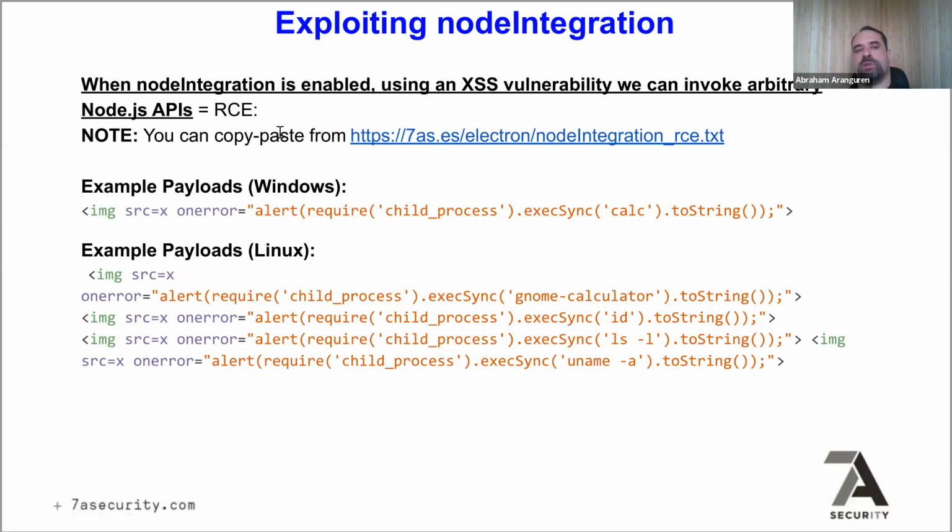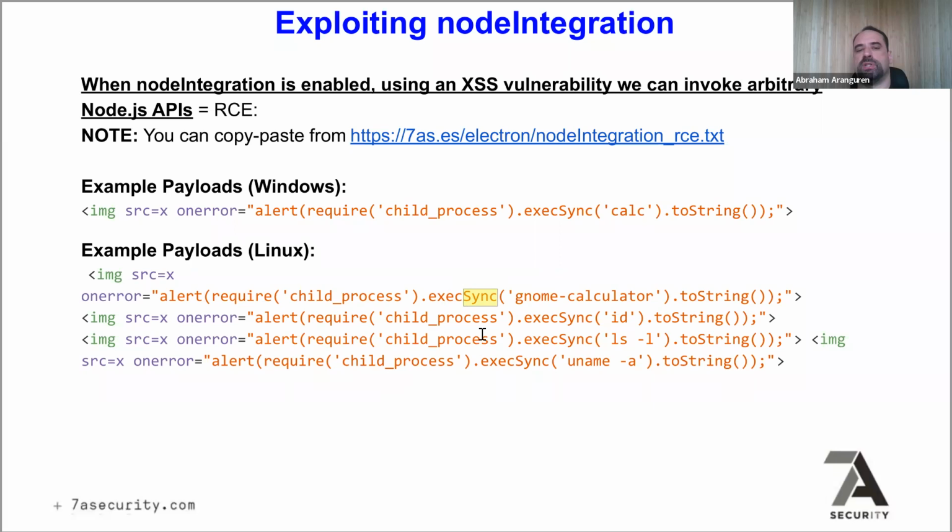Since node integration is enabled, when node integration is enabled, any XSS becomes immediate code execution, because you can do this, right? You can do require child_process and then execSync of any command you want. Now, another tip for you here is that you want to use the synchronous functions, because in Node.js and JavaScript, developers like to do things asynchronously.